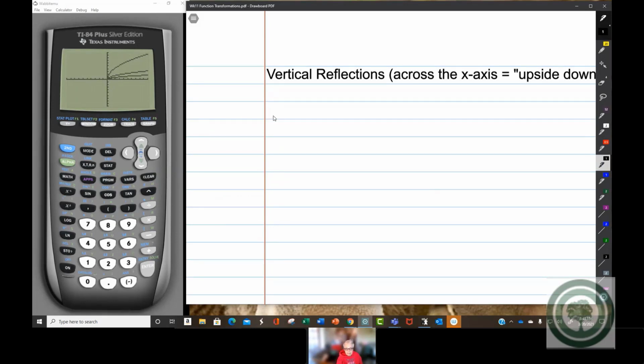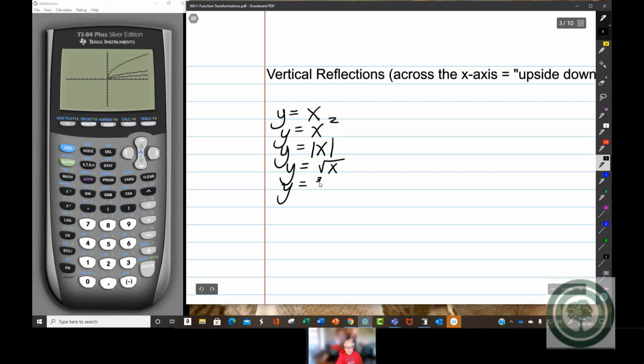Here's our list of basic functions. Well, we're not going to do y equals c, but y equals x, y equals x squared, y equals the absolute value of x, y equals the square root of x, y equals the cube root of x. 1, 2, 3, 4, 5.